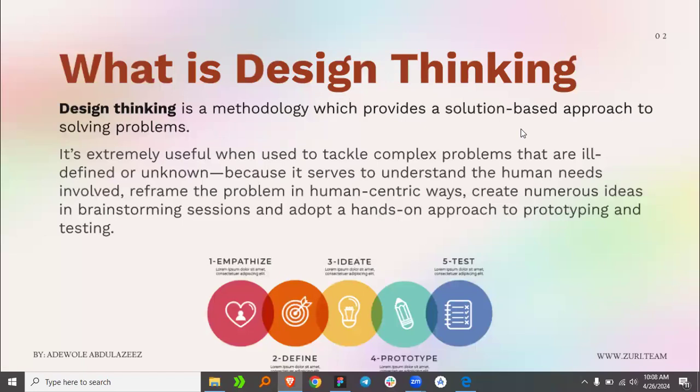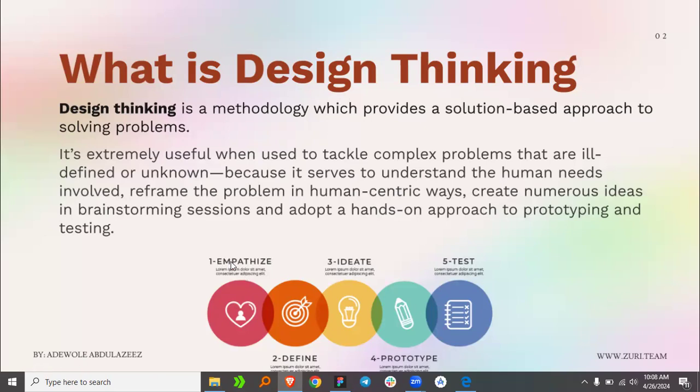Once the user is satisfied, that means you've met your goal for the product. So create numerous ideas in brainstorming sessions and adopt a hands-on approach to prototyping and testing.